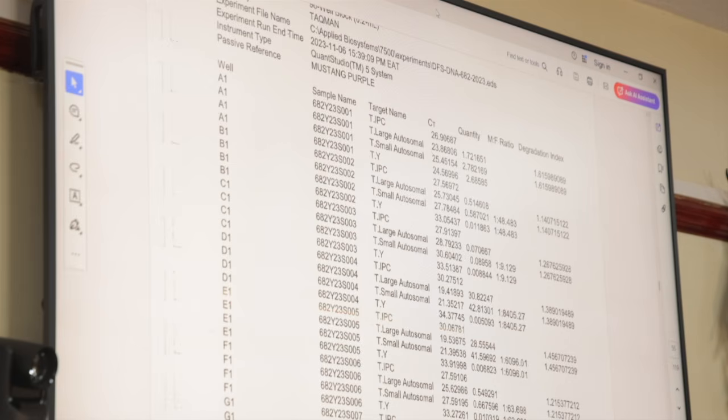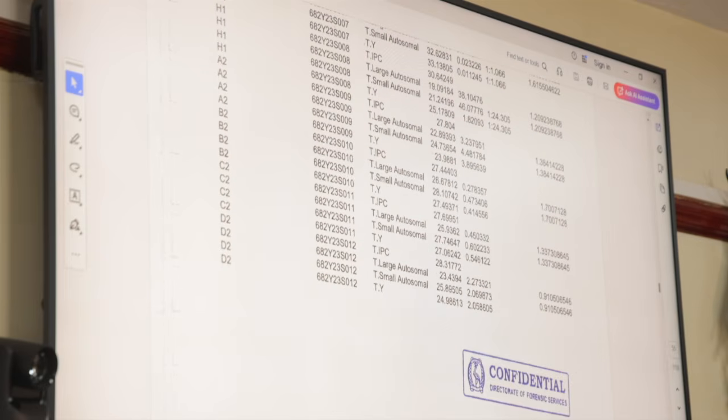If you look at sample 9, you've seen the TY and the T small. It's in comparable amounts, right? Yes, so that would indicate a male. Sample 10. Again, a male.